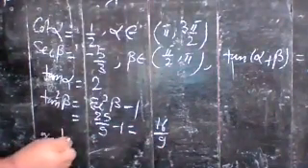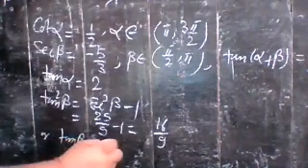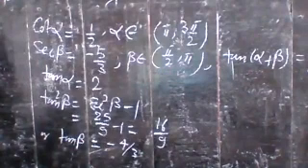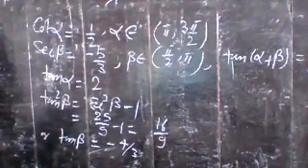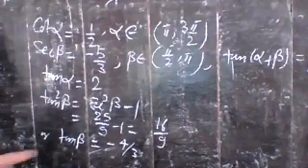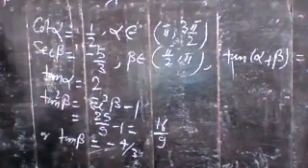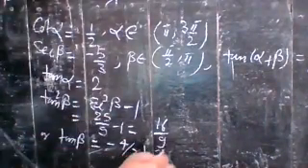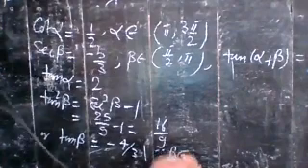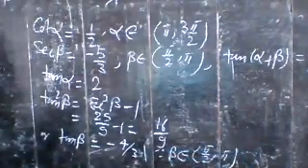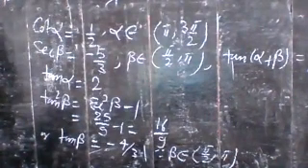So tan beta is minus 4 by 3, because beta belongs to pi by 2 to pi, in the second quadrant, where tan is negative.